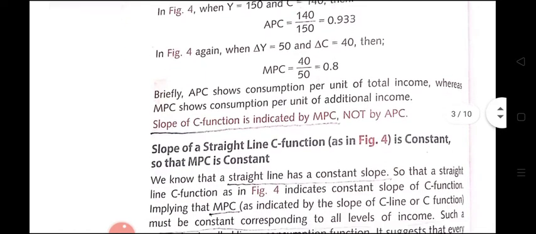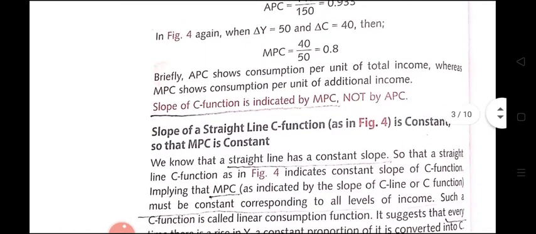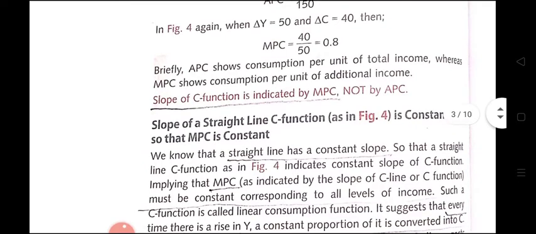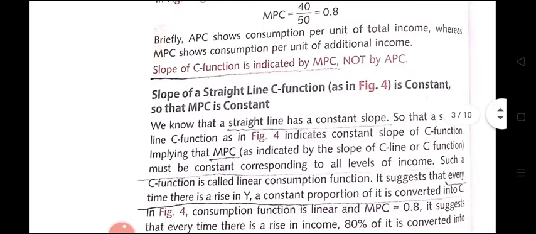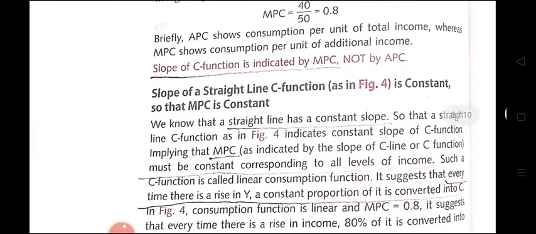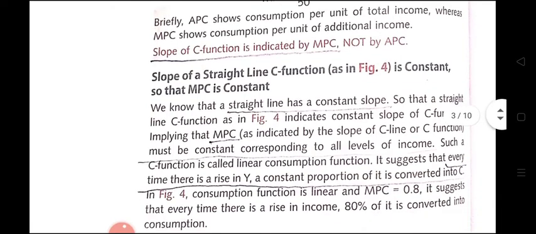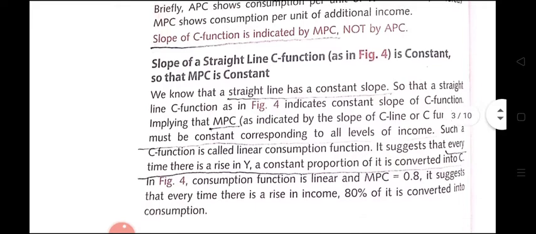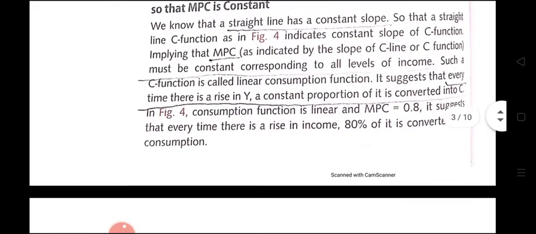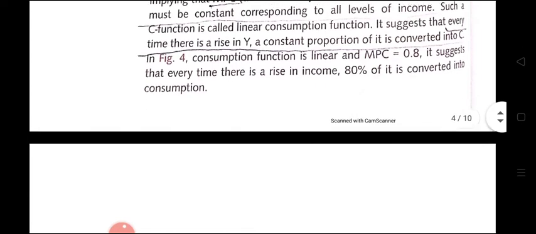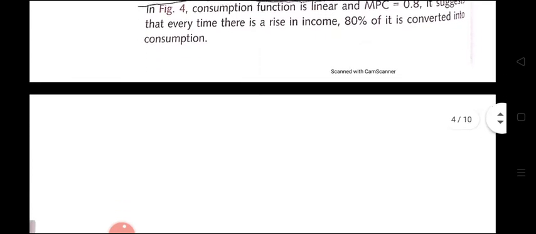Now, one more thing, about how to calculate this MPC: the straight line has a constant slope, it is not curved anywhere. MPC must be constant corresponding to all the levels of income. Every time there is a rise in income, a constant proportion of it is converted into C. It means whatever our income is, every time there is a change in income, a proportionate change in consumption would also take place, which is MPC.